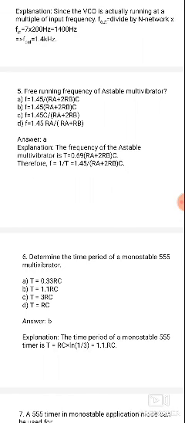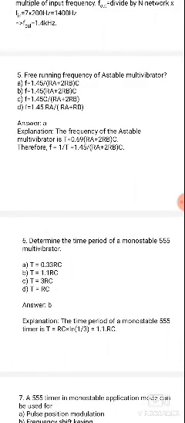F is equal to 1.45 by (RA plus 2RB) into C. Option A: F is equal to 1.45 by (RA plus 2RB) into 2C. Option C: F is equal to 1.45 C by (RA plus 2RB). Option D: 1.45 RA by (RA plus RB). Option B: 1.48 by (RA plus 2RB) into 2C. Here some printing mistake is there, it should be 2C, not C. So that's why the answer is A.